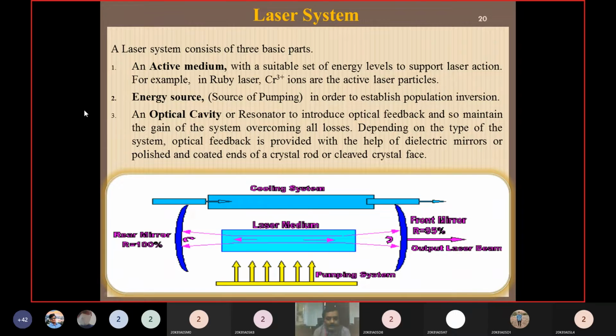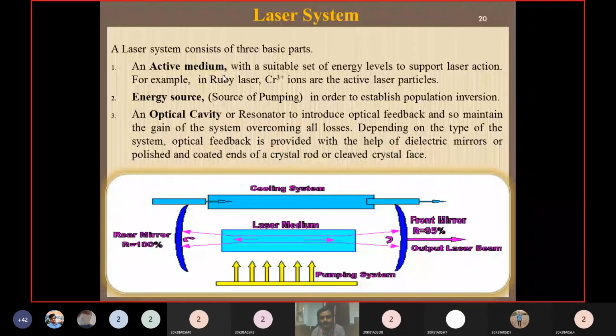And the optical cavity, which we can also call the resonator. So these three basic parts are major for preparing the laser system.